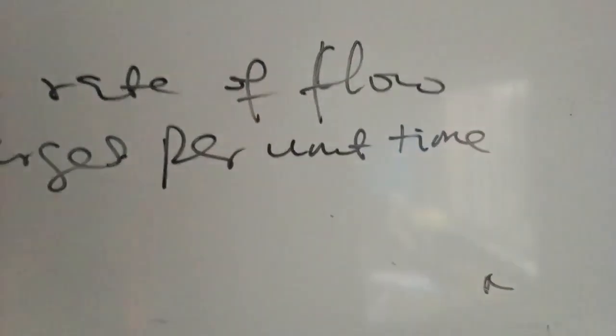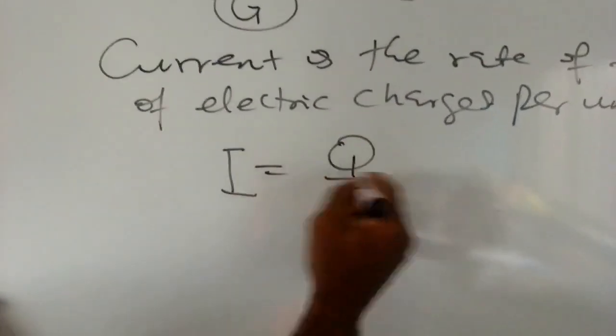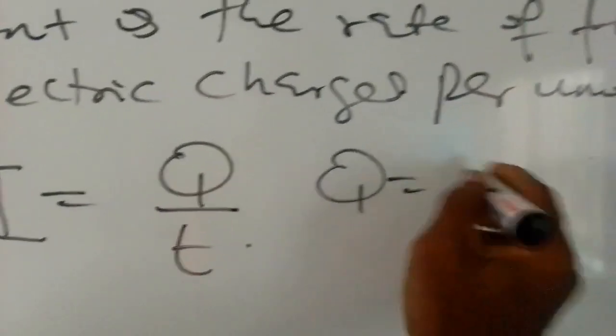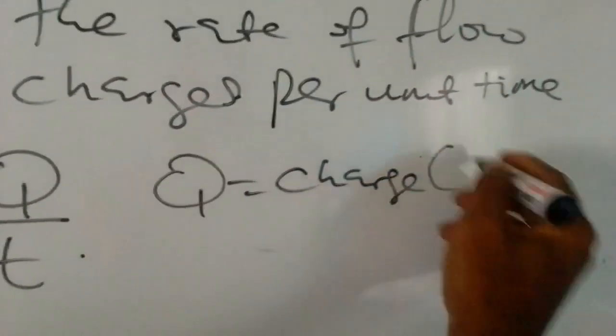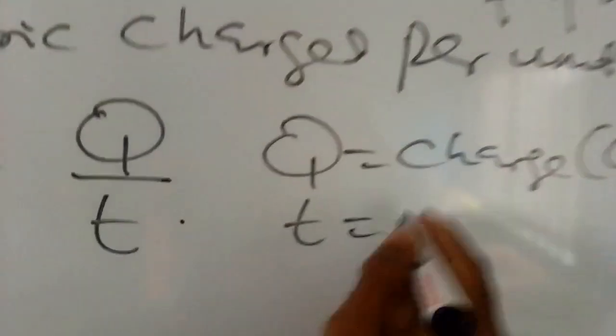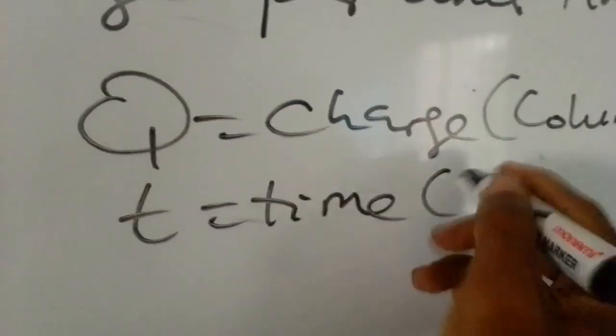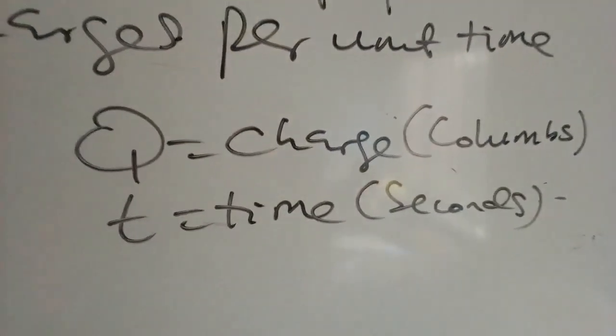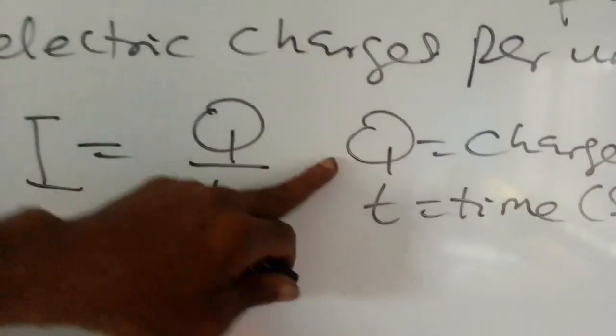Rate of flow of charges per unit time is current. So current is obtained using Q over T, where Q is charge expressed in coulombs, and T is time measured in seconds. So the unit of Q, that charge, is coulombs.